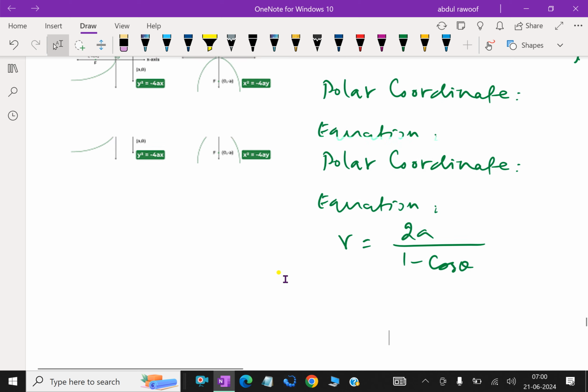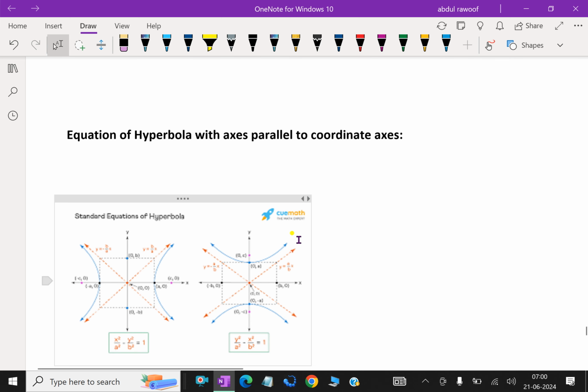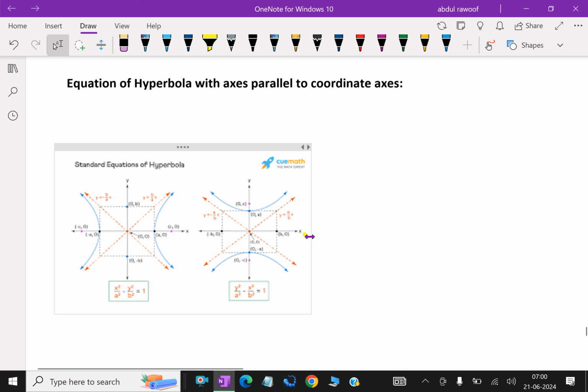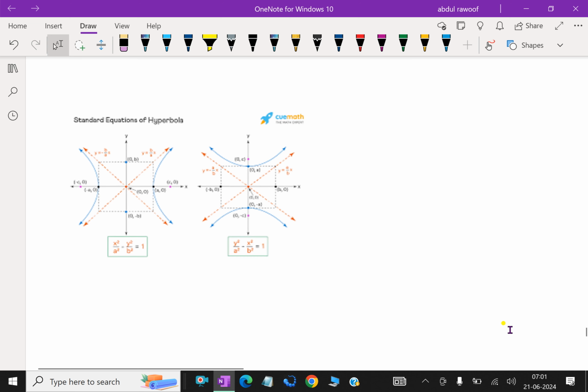Then next, we'll talk about the hyperbola. Here, the equation of a hyperbola with axis parallel to the coordinate axis. The standard equation of the hyperbola comes in a horizontal and a vertical form; for the vertical one we interchange them.